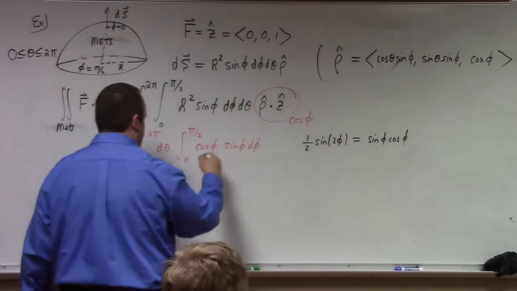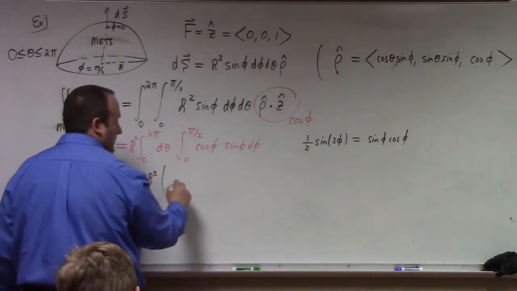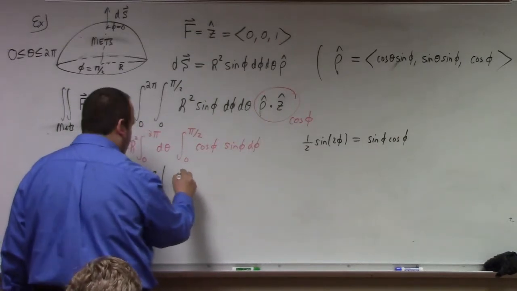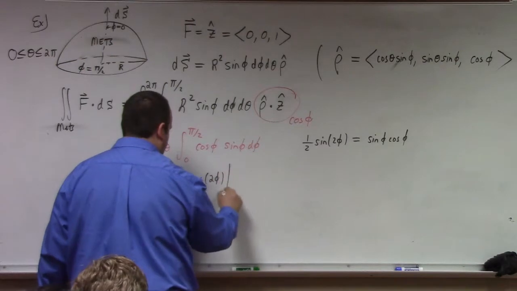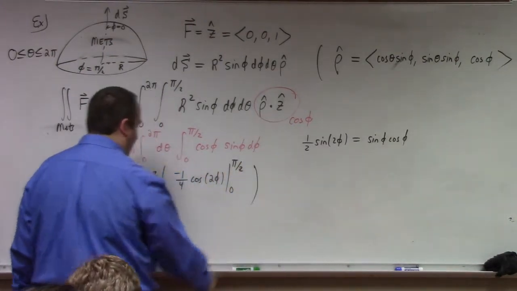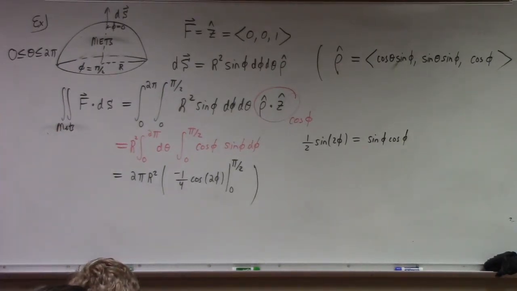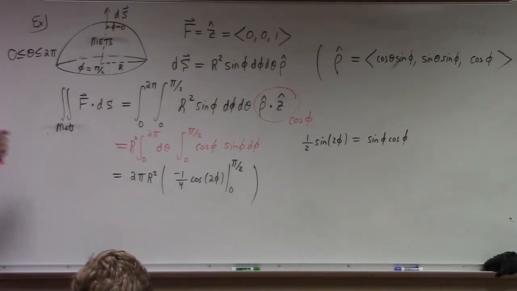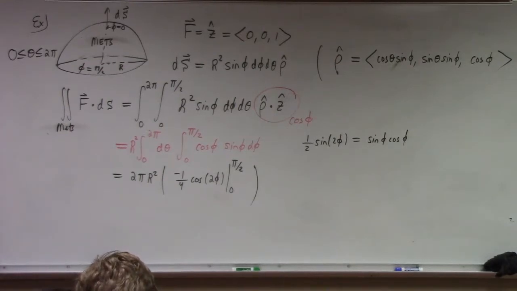If we do that, this gives me 2 pi r squared times minus 1/4 cosine of 2 phi, evaluated from 0 to pi over 2. Because that's 1/2 sine 2 phi, and then making a u equals 2 phi substitution, I generate an extra factor of 1/2. My larger point is if you differentiate what I wrote down, you get back to 1/2 sine 2 phi, I think.